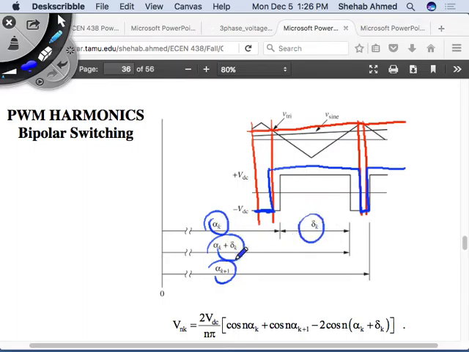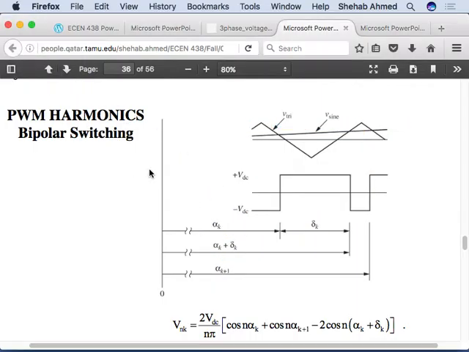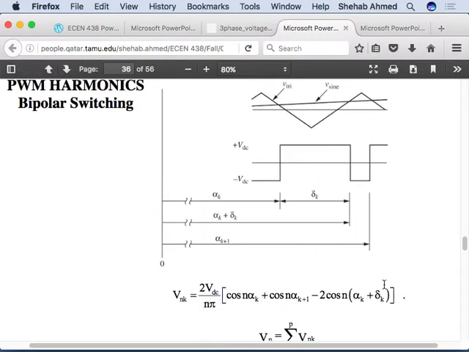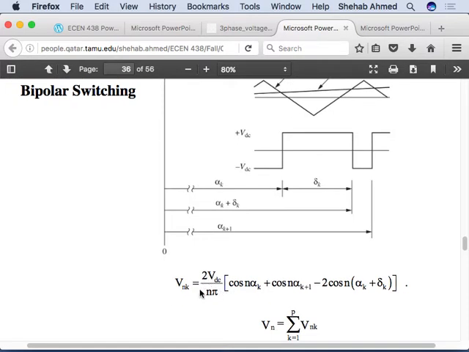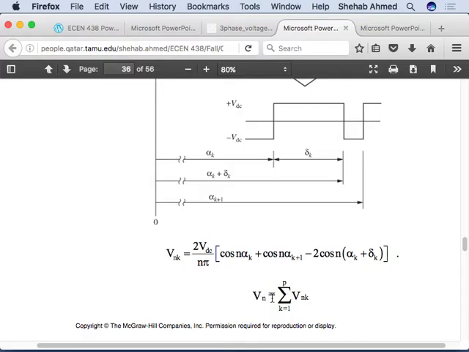So we found the general equation for a pulse defined by 4 angles, the Fourier series of a pulse defined by 4 angles. That was this one. I have many of those. I just add them together to find the total Fourier series of the waveform. That's what we did here.